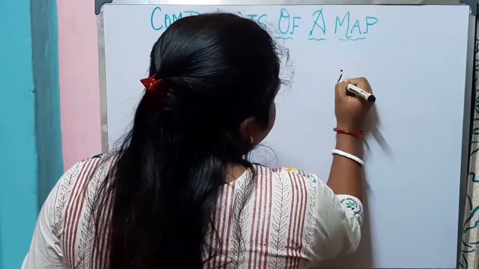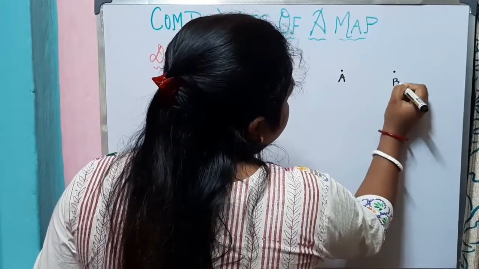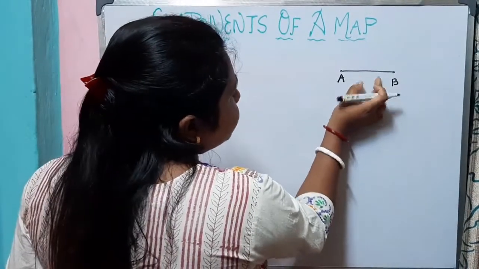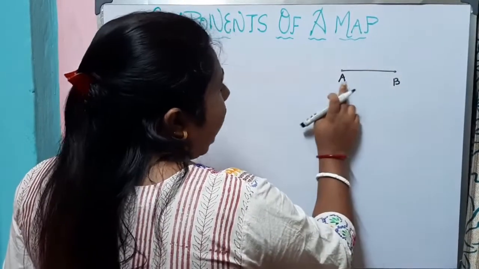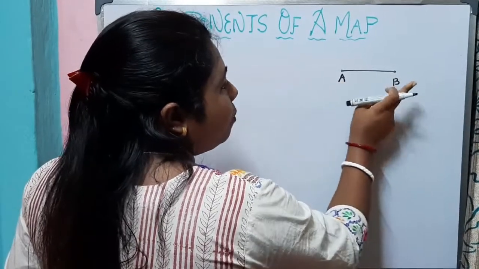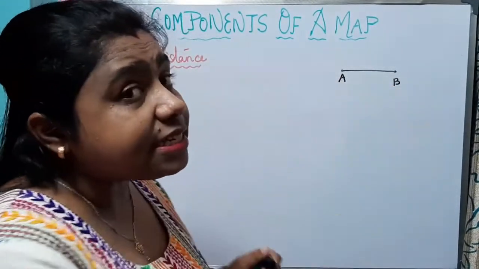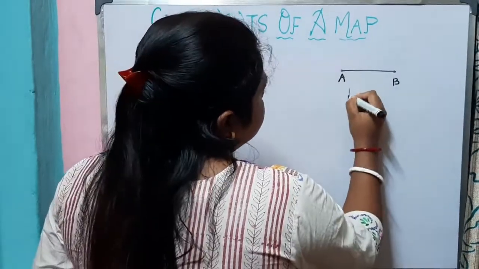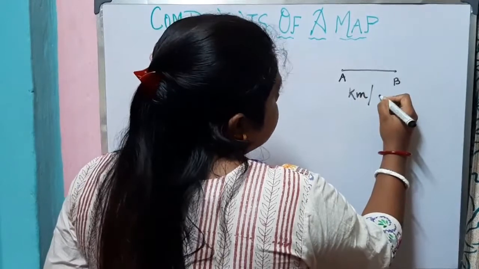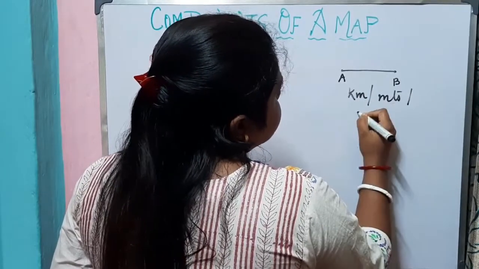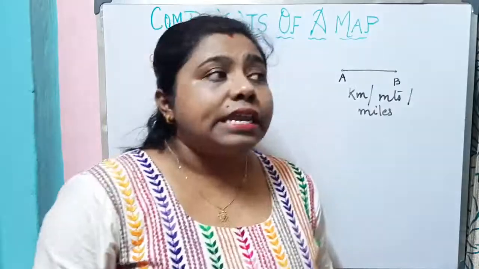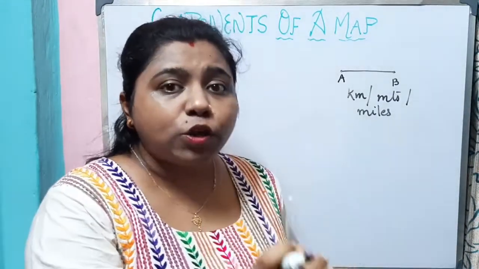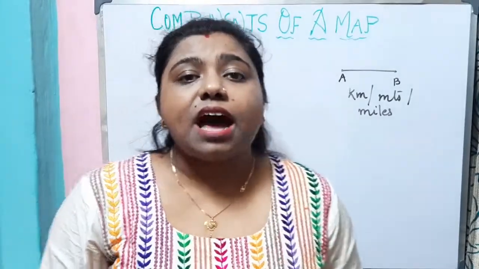There are two places, A and B. The space between A and B, or how far A is from B or B from A, is termed as the distance between two places. This distance can be measured in kilometers, in meters, or in miles.